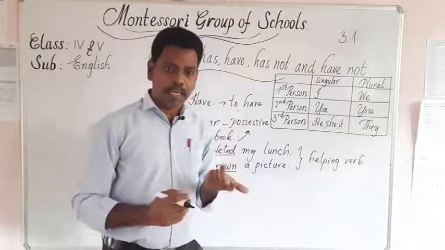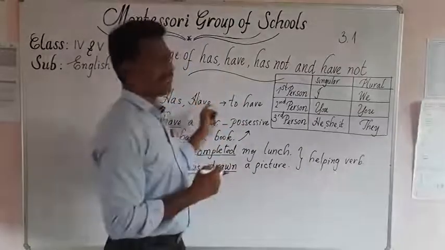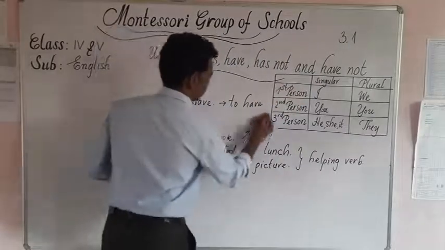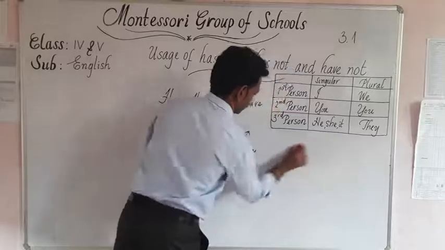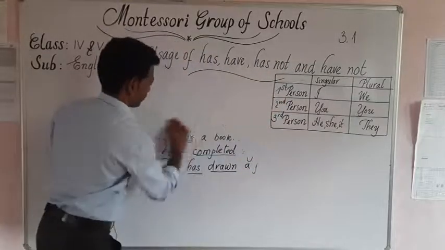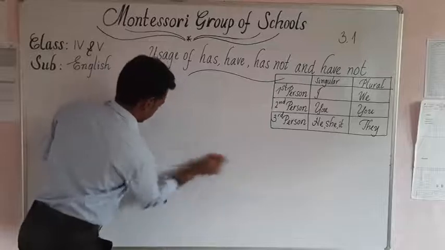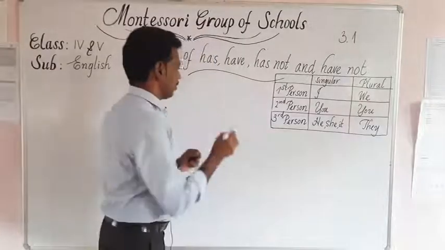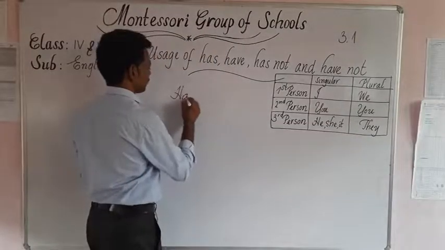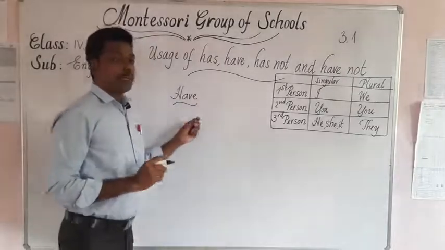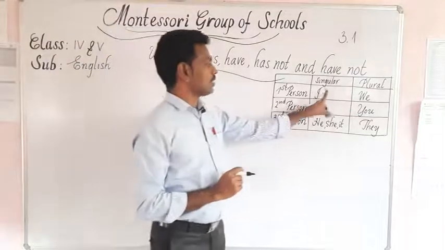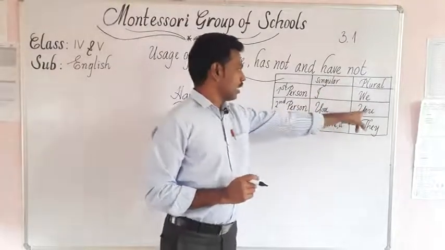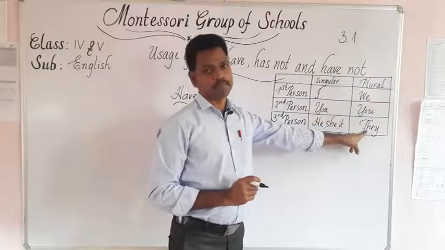Now next I'll explain where to use has and have. First we will talk about have. We can use have with the first person singular, plural, second person singular, plural, and third person plural.